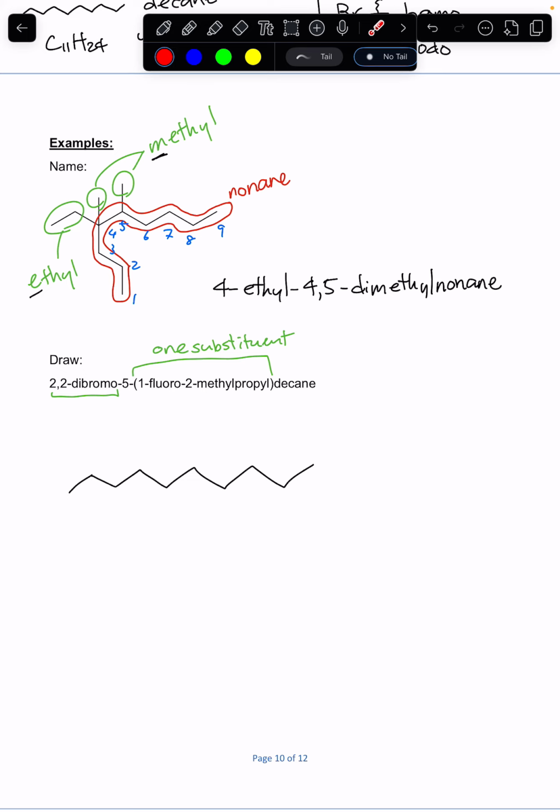Okay. And when you have such a complex substituent, the numbering within that parentheses is going to be a different numbering scheme. You number starting at the attachment to the main chain when you have such complex substituents.